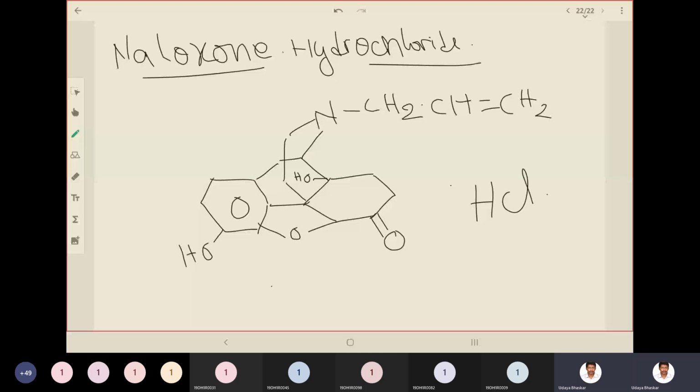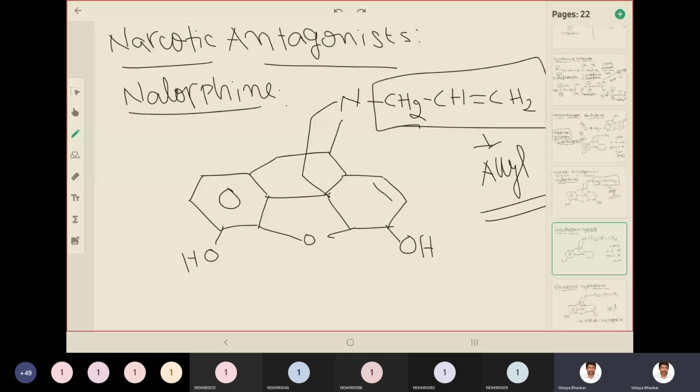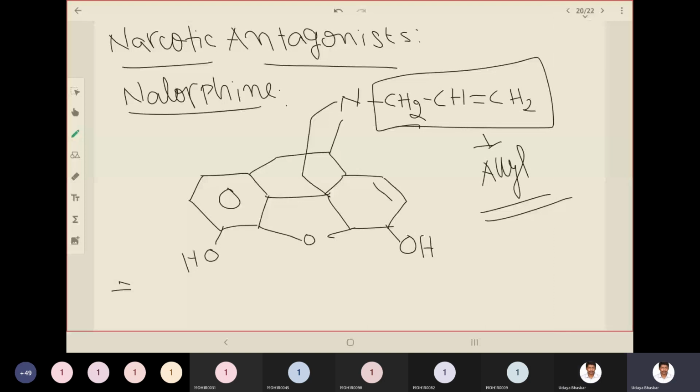And if you see levallorphan, which is somewhat related to morphine, and nalorphine, it is also employed effectively to reverse the narcotic induced respiratory depression.